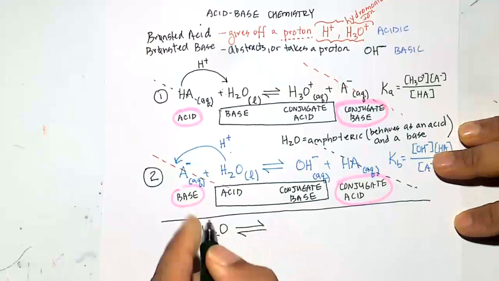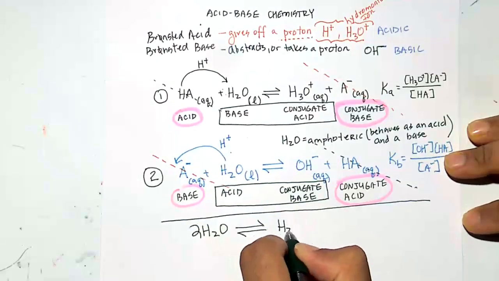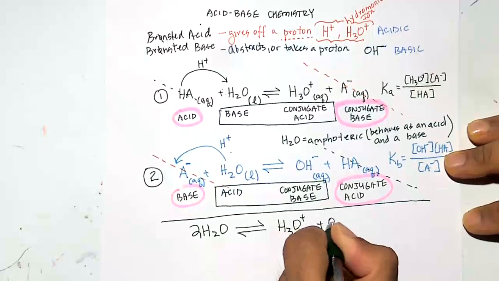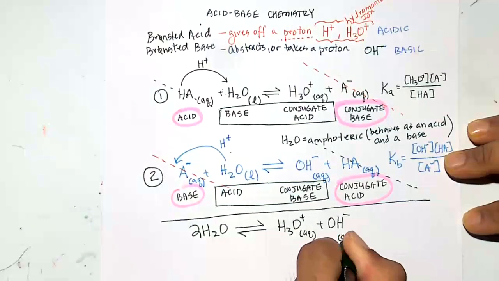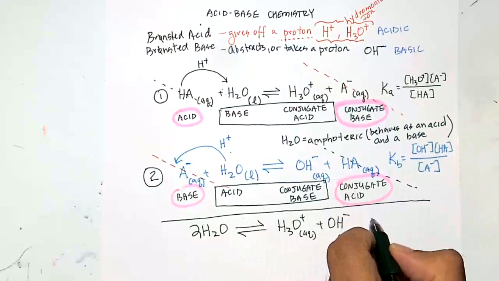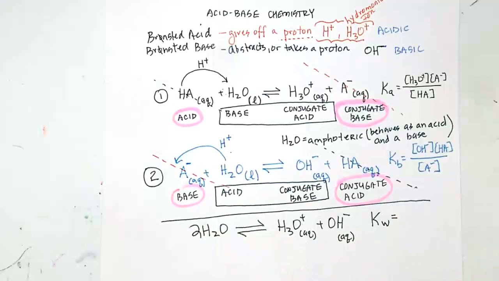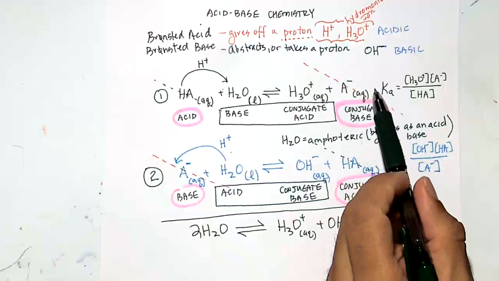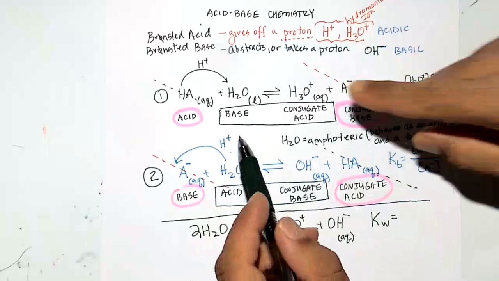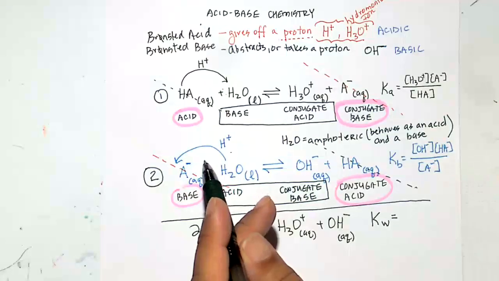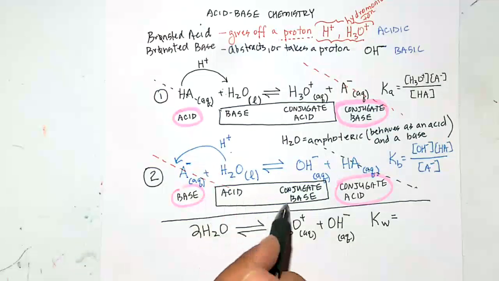In an equilibrium with H3O plus and OH minus, this equilibrium we will call Kw. And Kw is nothing more than, remember, if you add two equilibrium reactions, what do you do to the equilibrium constants? You multiply them.